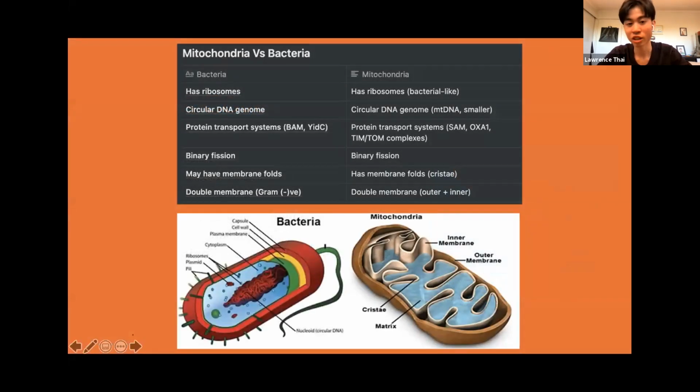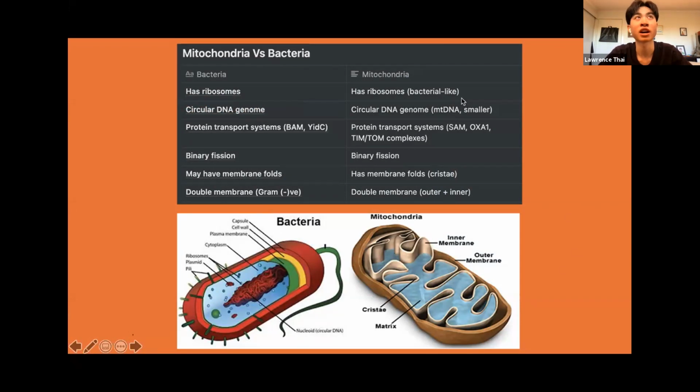Okay, so to start off, here's kind of like a basic summary of the differences and the similarities between mitochondria and bacteria. So bacteria is a prokaryote, and mitochondria is an organelle that's inside of a eukaryote. So both of them have ribosomes, and mitochondria have ribosomes that resemble much more like bacteria than our own host cells.